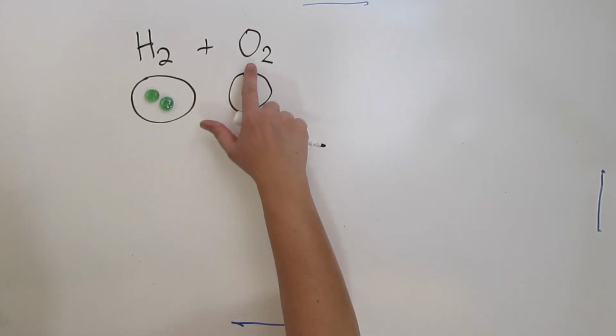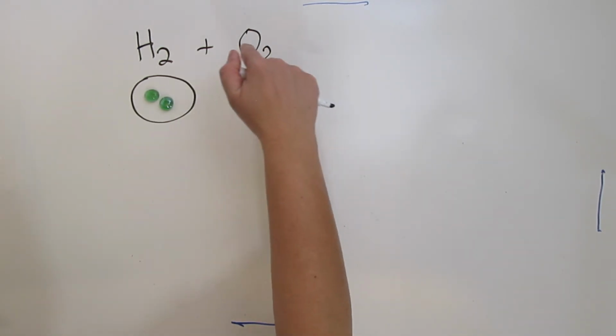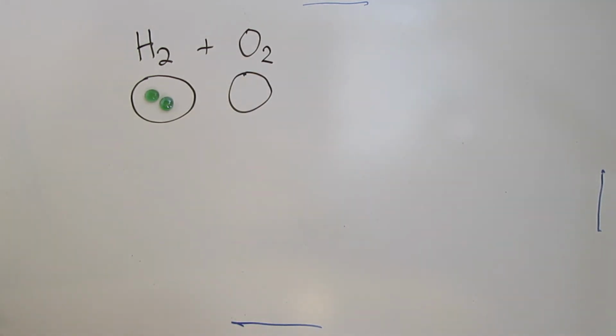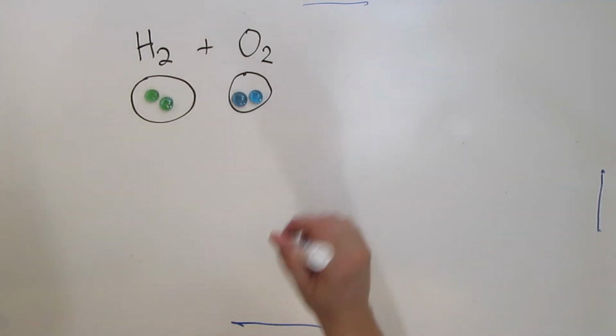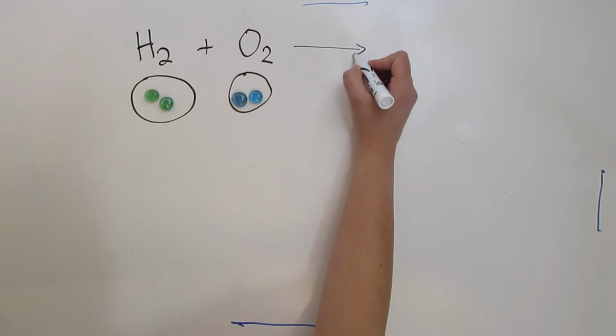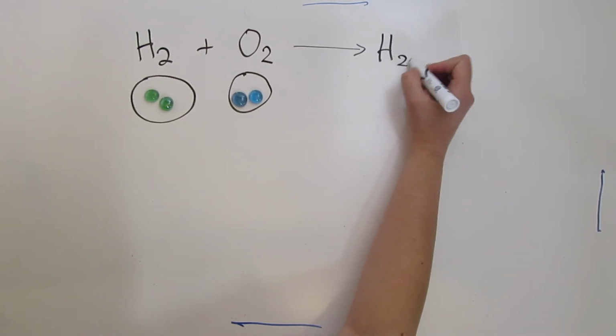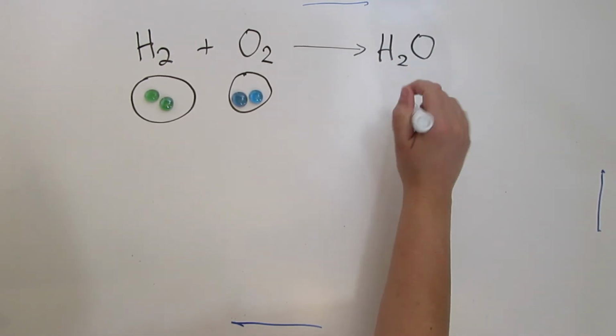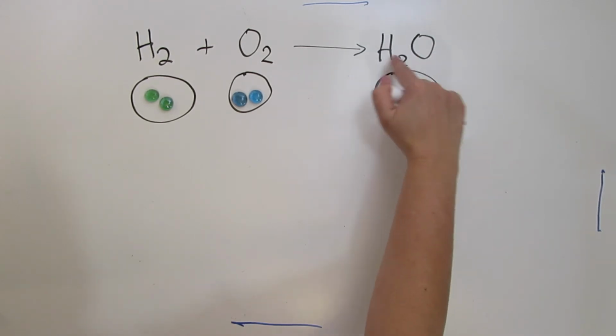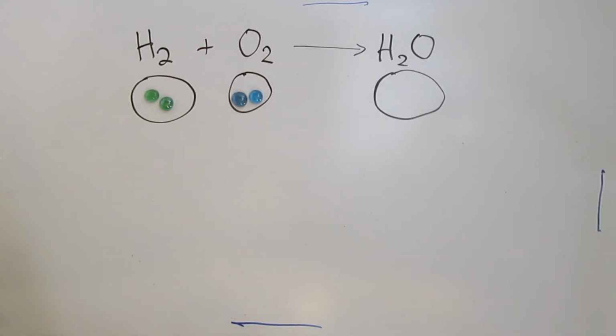Again, this is O2, so we have 2 atoms of oxygen in 1 molecule of oxygen gas. And that's going to make water, which is H2O. And again, that means a package that has 2 hydrogen atoms and 1 oxygen atom all in 1 molecule.